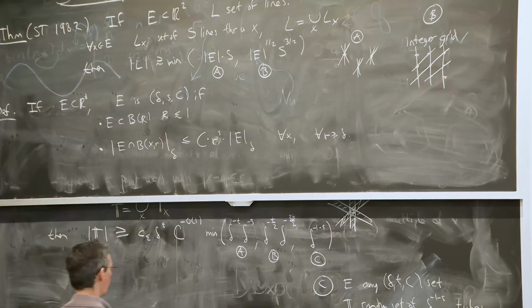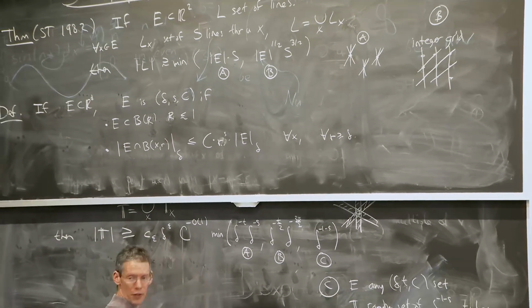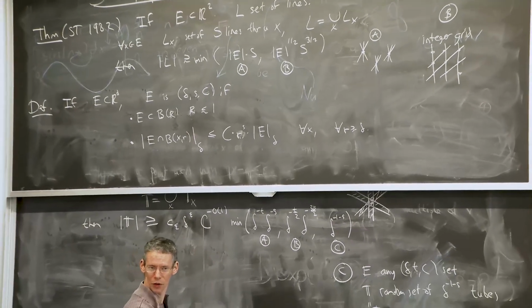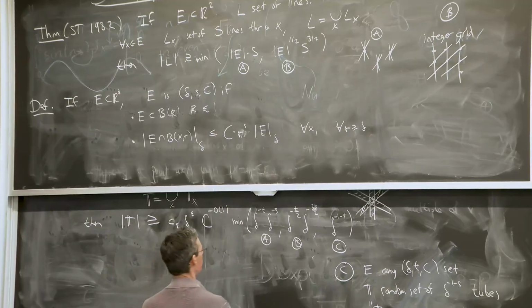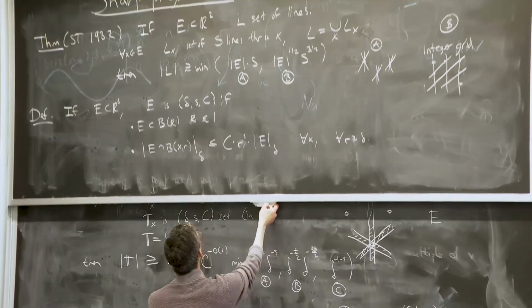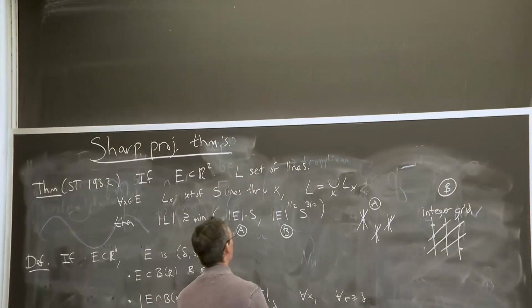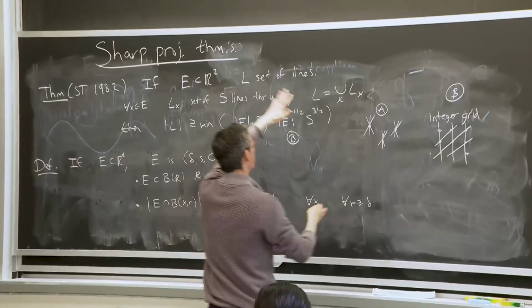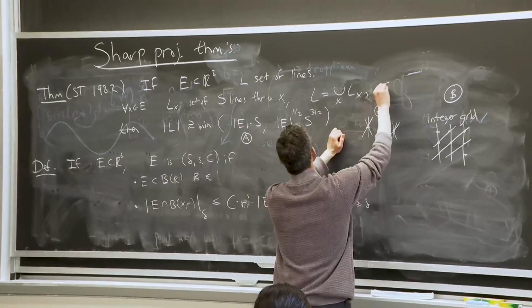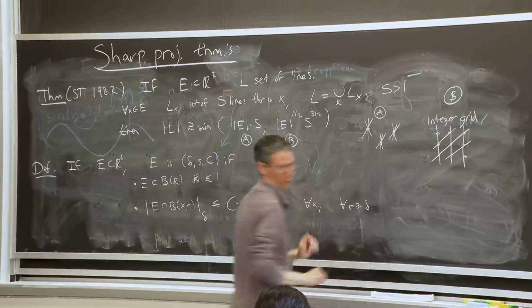OK, good. Now, I realized I forgot one hypothesis that I'm going to add, and then we'll pause, and you can look at these statements. We needed one more hypothesis in our list of hypotheses, which is that this S should be bigger than 1.